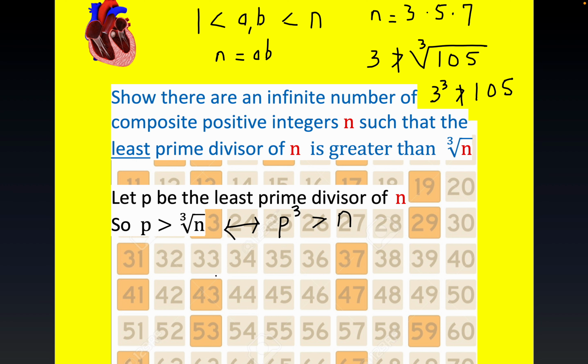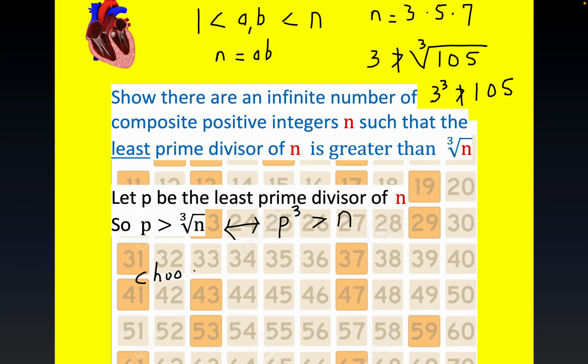Notice that this equivalent statement makes life pretty easy if we just choose our composite number to be P squared. A perfect square is composite, right? By the way, this A and B don't have to be distinct.